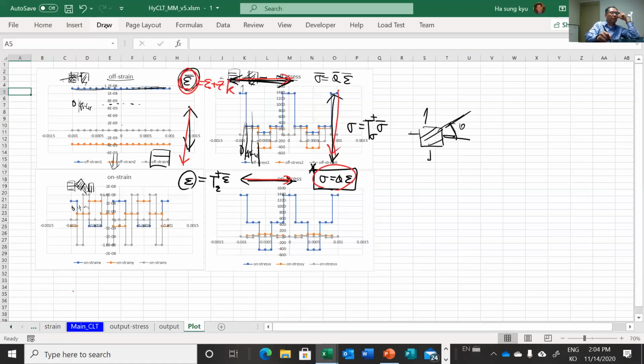They should be the same, okay? Please, it's important, please do not get confused. To reach the on-axis stress, we can go to here and there, or we can transform the strain first, and then we can multiply the on-axis stiffness.